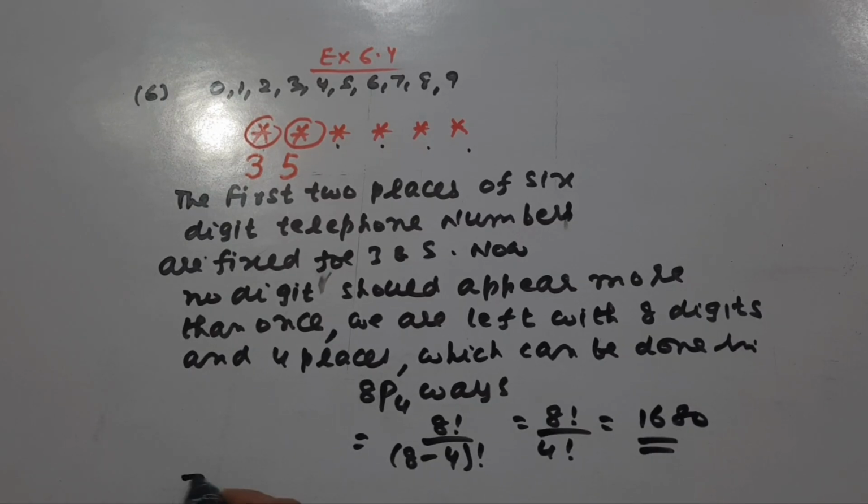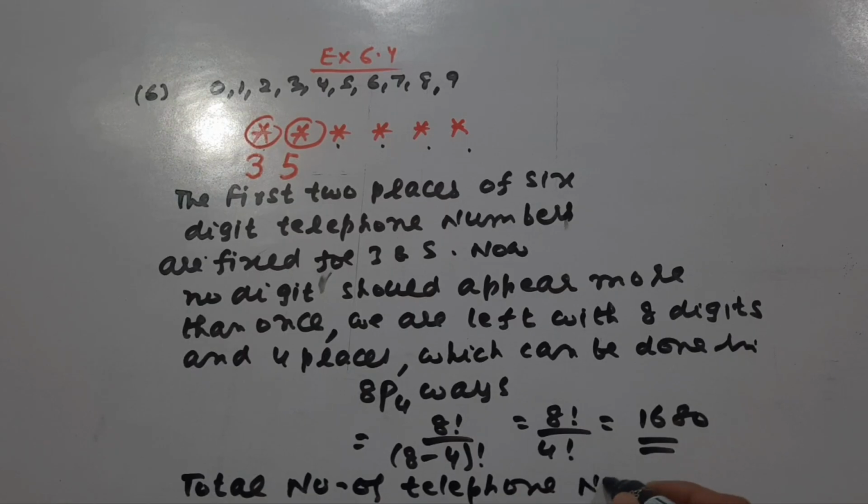So therefore total number of telephone numbers that can be constructed are 1680.